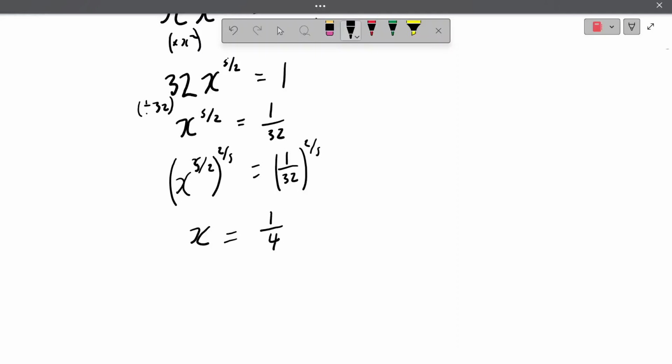Now the quarter comes from the 5th root of 1 over 32, squared. Well, the 5th root of 1 is 1, the 5th root of 32 is 2, and then that's squared. And 2 squared is 4, so you end up with 1 over 4.